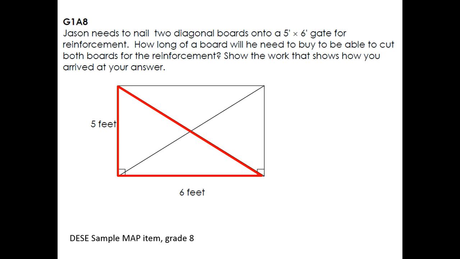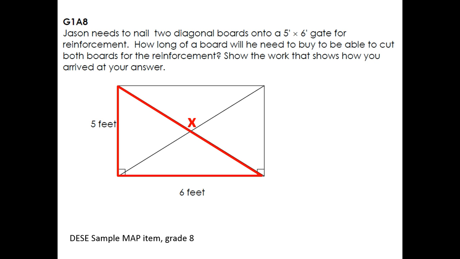So if you look at the diagonals, what you're going to see is some right triangles, and we're going to concentrate on one of those right triangles that has a leg that measures 5 feet and another leg that measures 6 feet. The hypotenuse is that diagonal they're talking about, so we need to find the length of the diagonal.